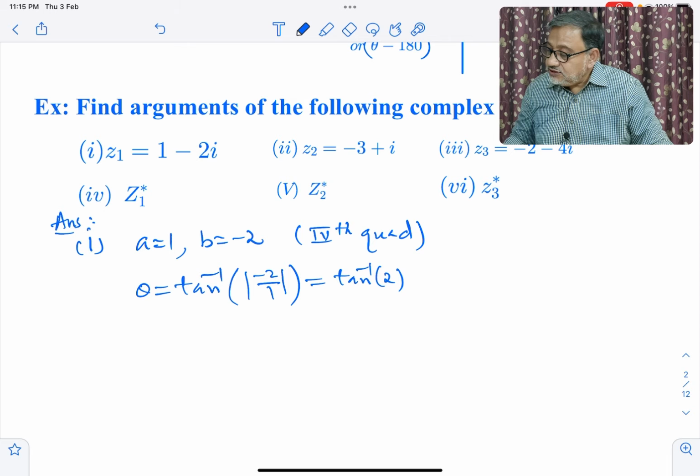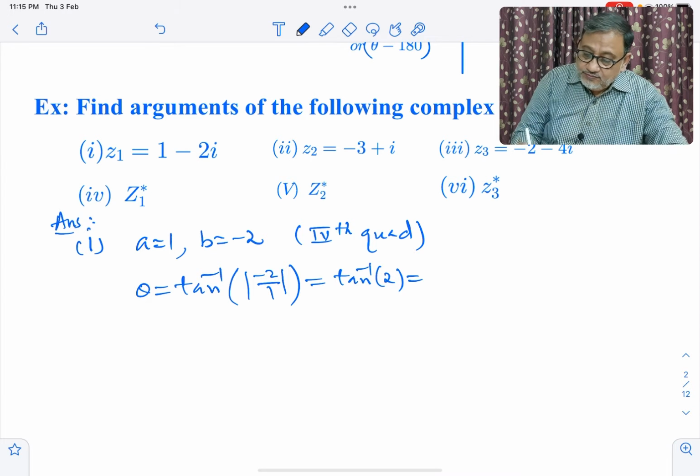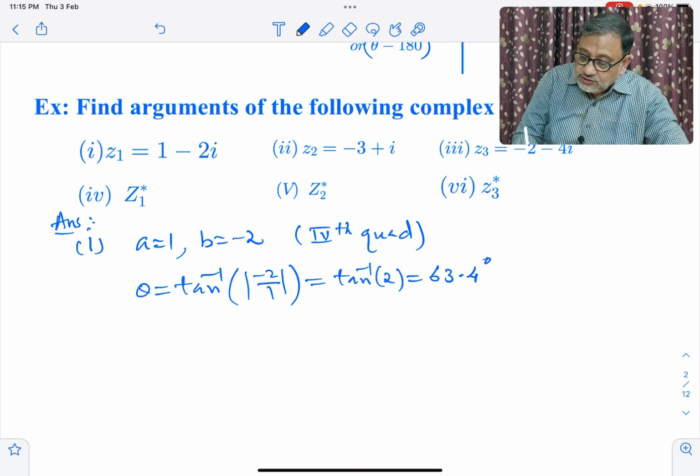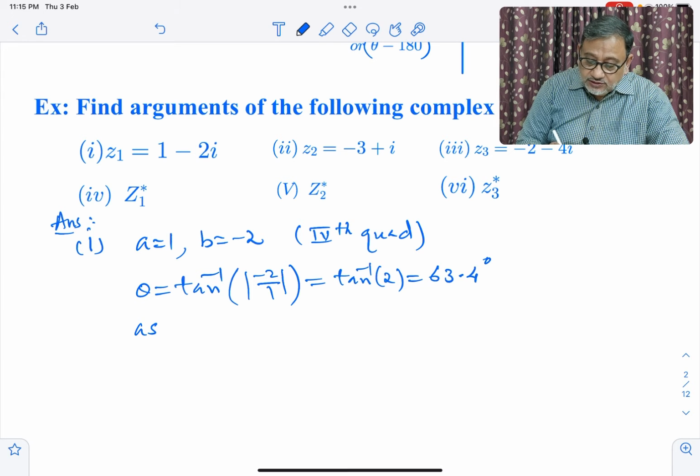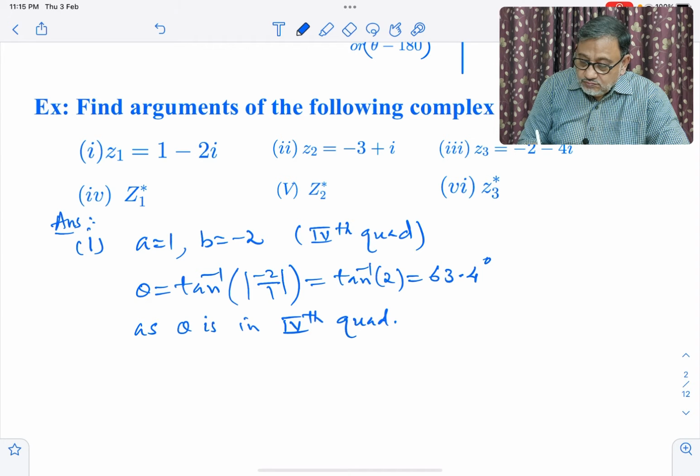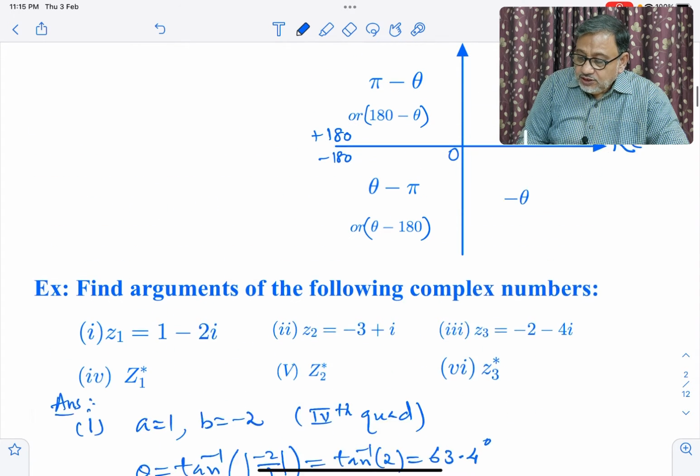So my answer is 63.4 degrees. Okay. Now because we are in the fourth quadrant, as theta is in the fourth quadrant, we use negative theta. Okay, negative theta.